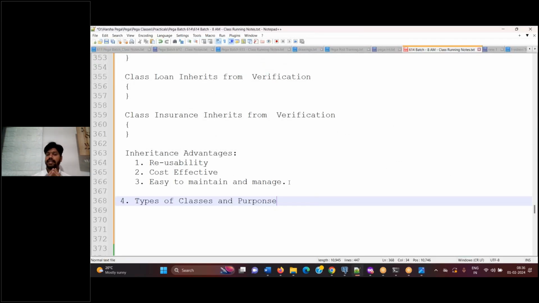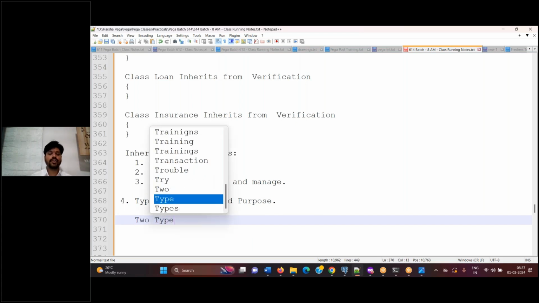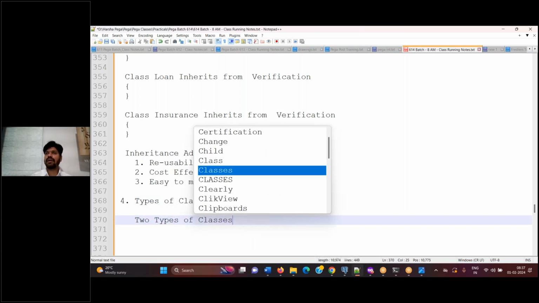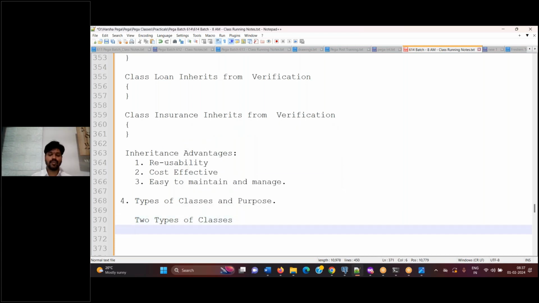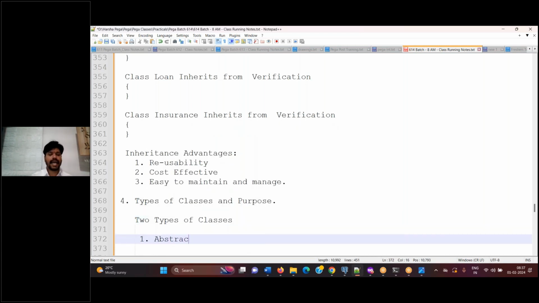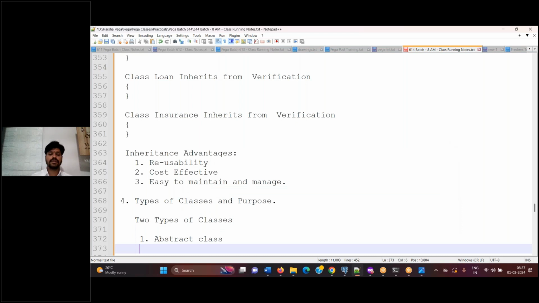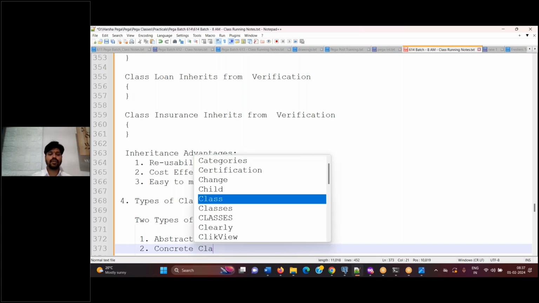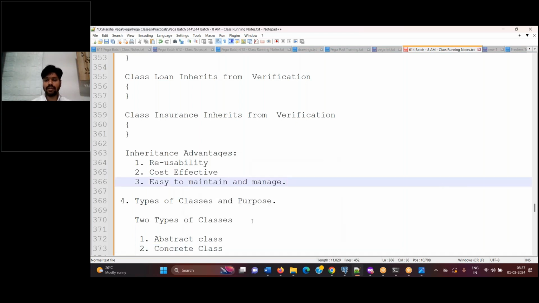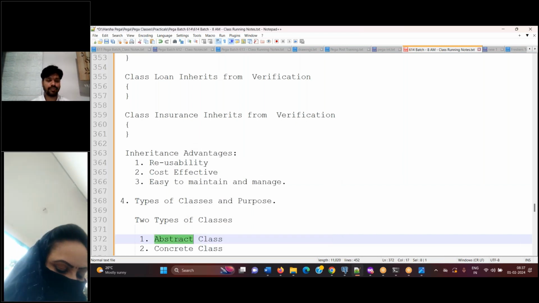Now I will explain the types of classes and their purpose. See, in technology, there are two types of classes. First one is concrete class, second one is abstract class. Whether it is abstract or concrete, leave aside that first word.